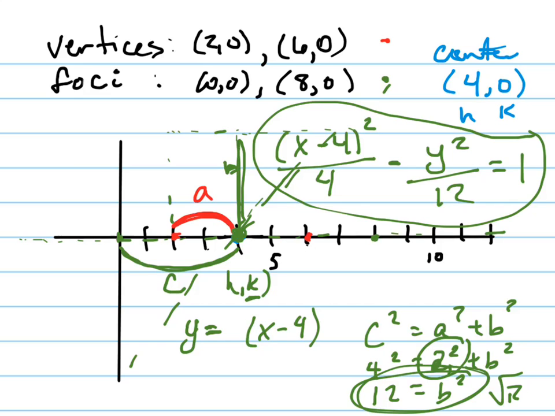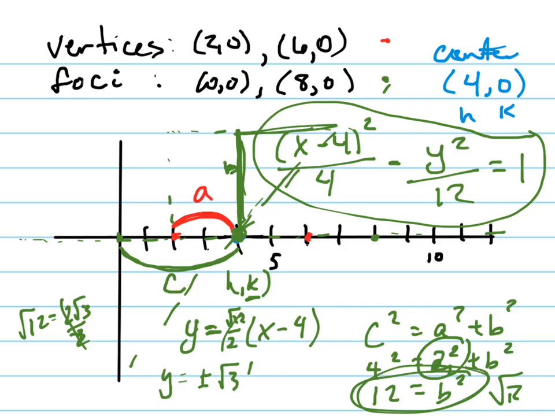Well, I went up B and I went over A. So it's the square root of 12 over 2, which simplifies because the square root of 12 is really just 2 square roots of 3. So those 2's cancel out, and this is just the square root of 3. So Y equals plus or minus the square root of 3 times (X minus 4). That's the equation of the asymptotes, if I didn't make a silly mistake. That's how you do those problems.